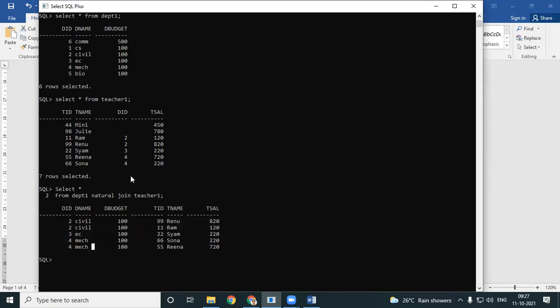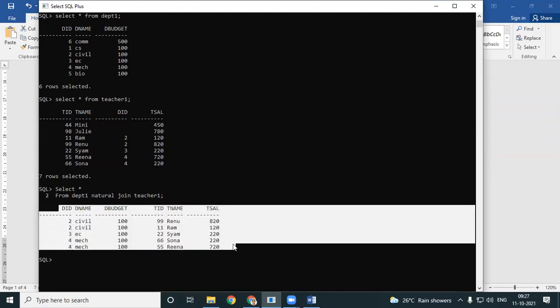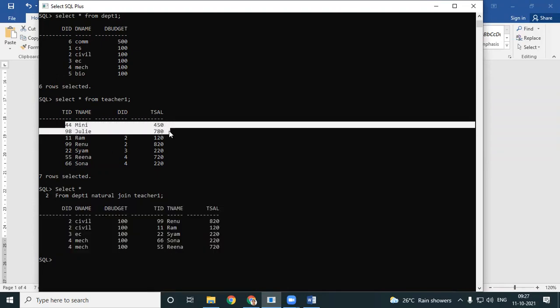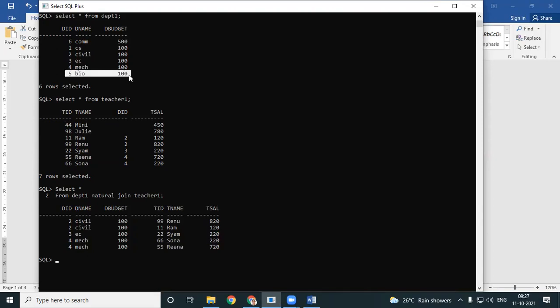Now, if you look over here, look at the people. I do have Renu, Ram, Shyam, Sona, and Reena. If you look here, Minnie and Julie, they are missing. In this particular result which we got, we do not have Minnie and Julie. The same way, we do not have commerce, CS, and bio. Now let us analyze the result.